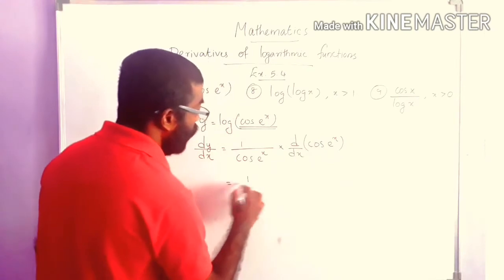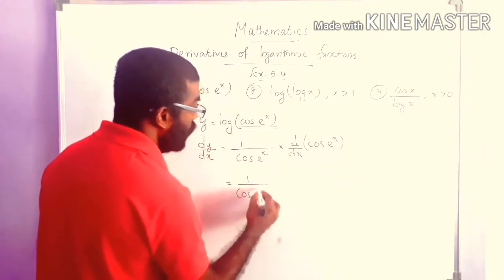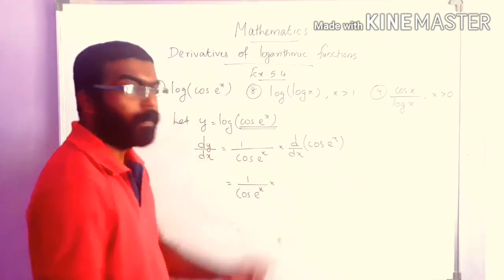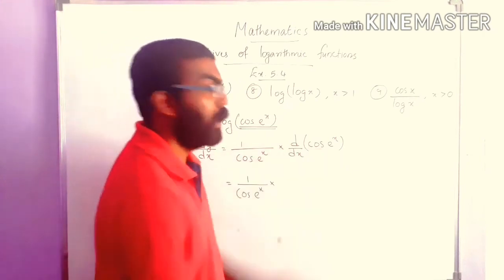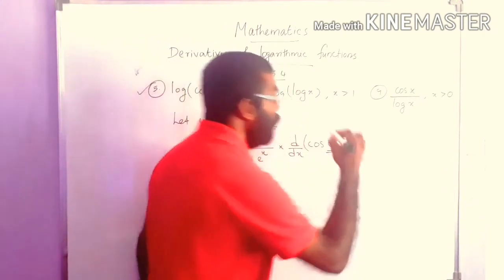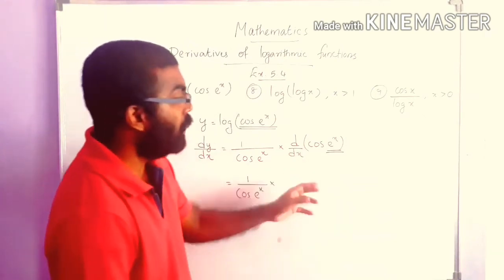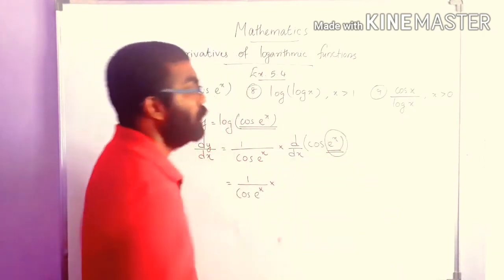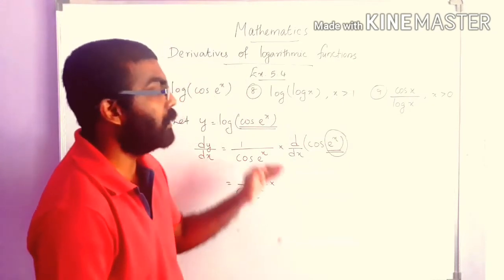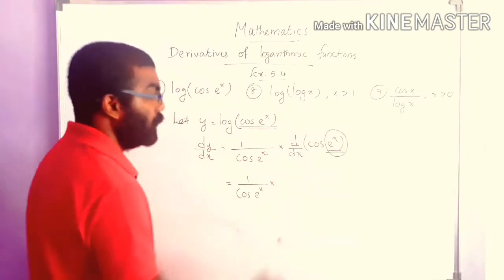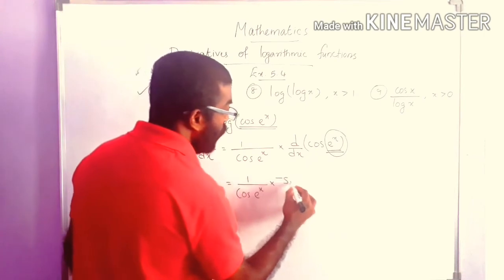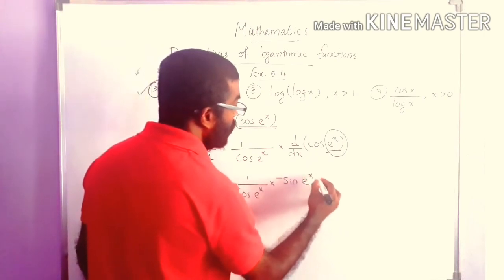Again the derivative of cos e raised to x: if it is x, then we have the formula, cos x derivative is minus sin x. So let it be x, cos e raised to x can be treated as cos x. Cos x derivative is minus sin x, so minus sin e raised to x.